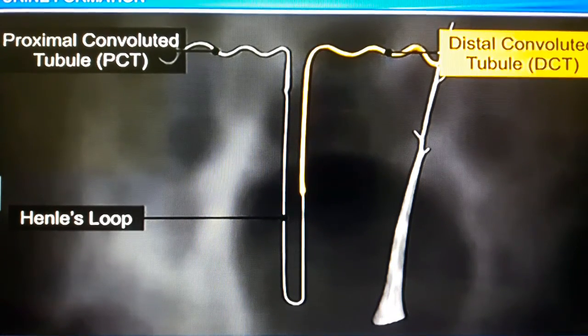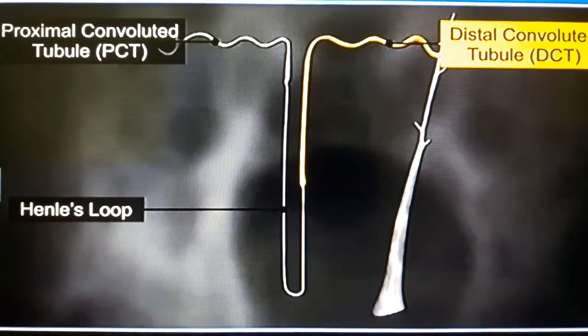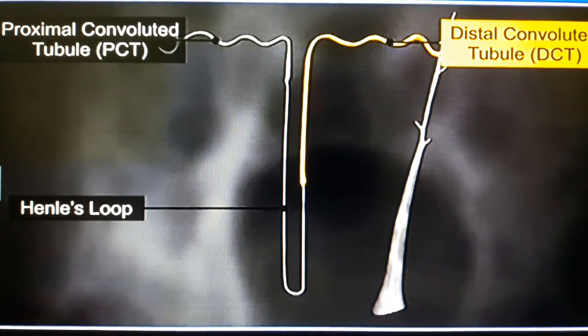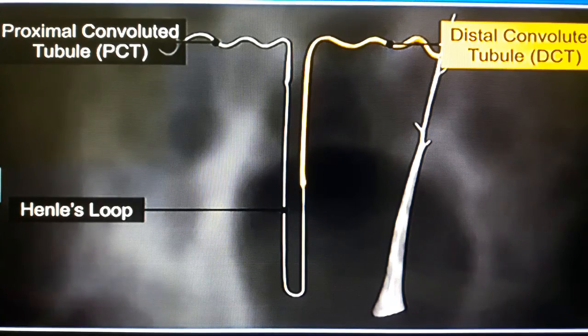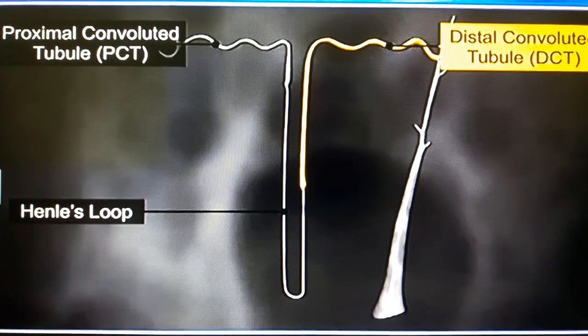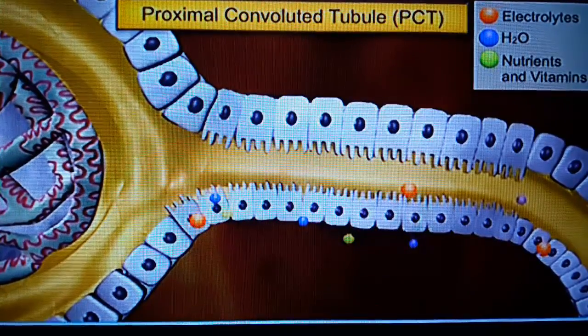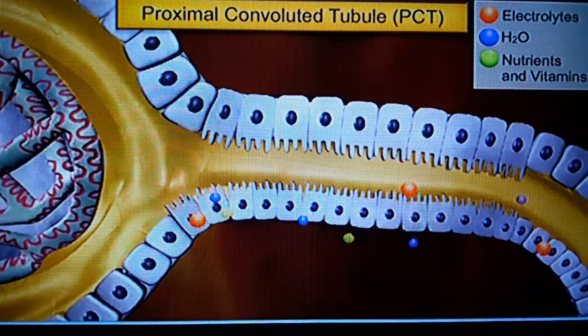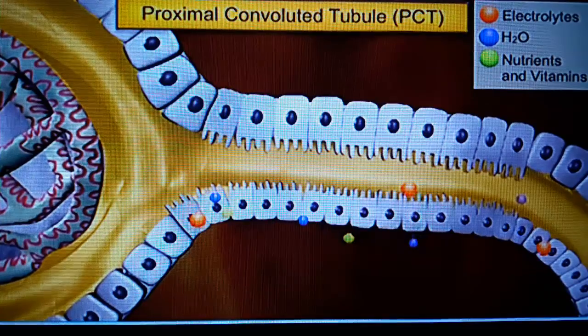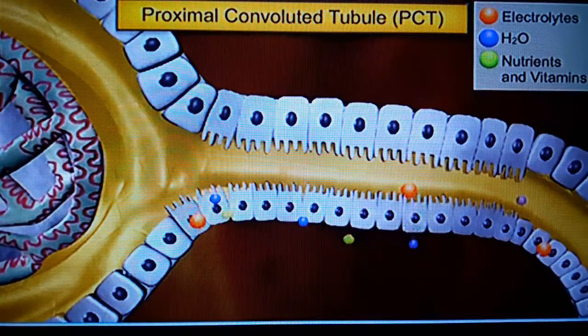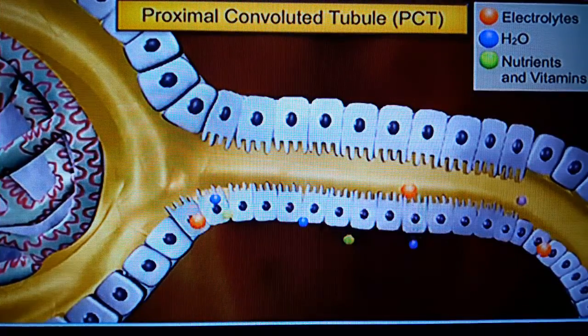So now we will talk about the second part of urine formation. First is ultrafiltration, second is tubular or selective reabsorption. Of the 180 liters of glomerular filtrate produced per day, only 1.5 liters is put out as urine.